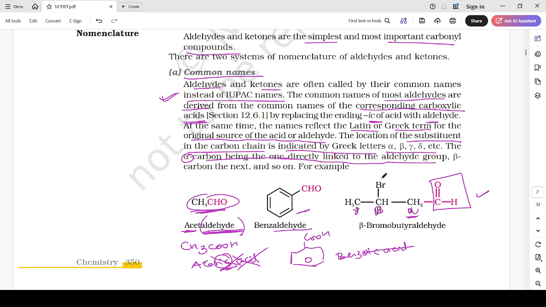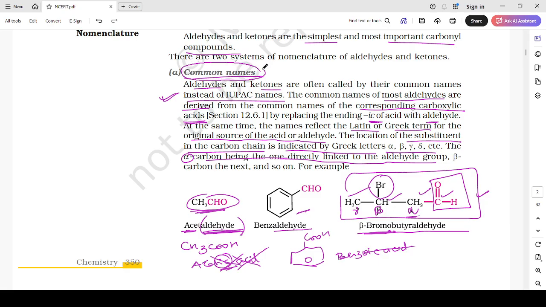Next is gamma. At the beta position, I have bromine. So how do you name it? Beta bromo. How many carbons are there in total? 1, 2, 3, 4. Four carbons. So I call it butyraldehyde. Beta bromo butyraldehyde. Remember, we are talking about the common names, not the IUPAC names. If it was IUPAC, I would have always suffixed it with AL.